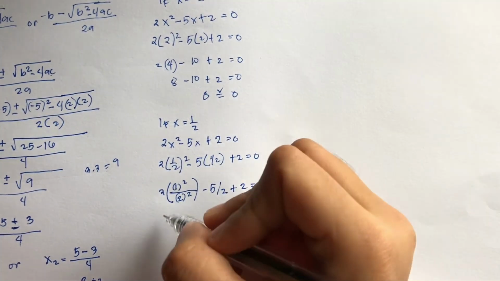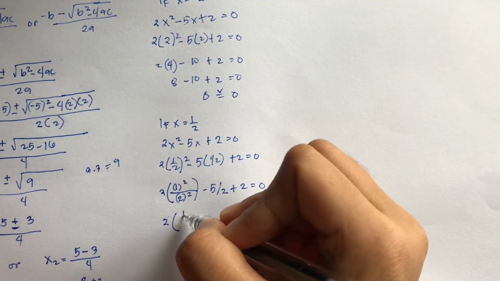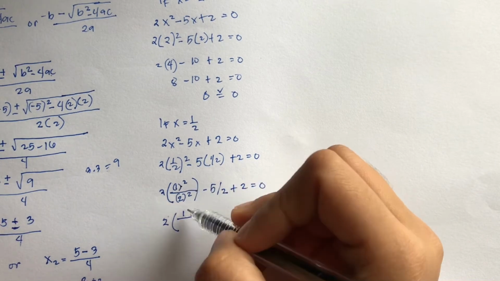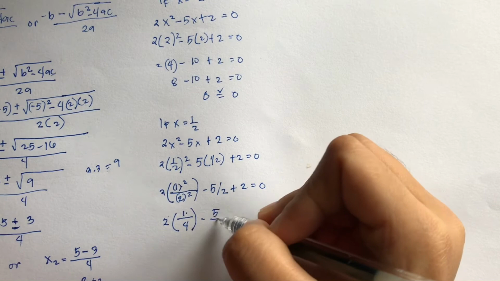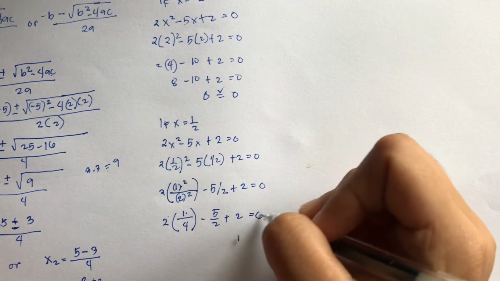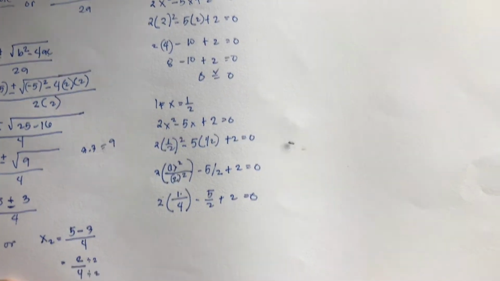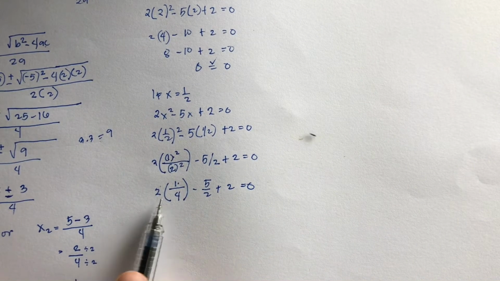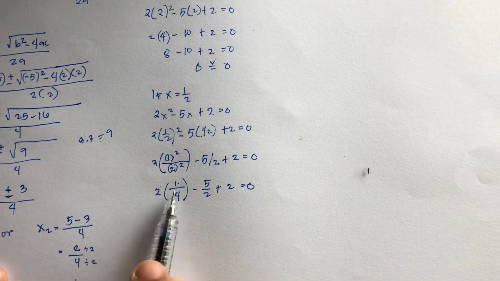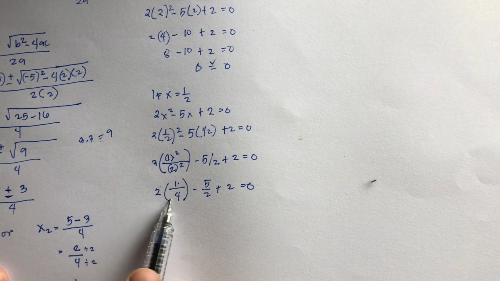Okay. Next, we have 2. 1 times 1, that's 1. 2 times 2, that is 4. Minus 5 over 2 plus 2 equals 0. Next, 2 times 1. You might get confused here. Why can't it be 2 times 4?